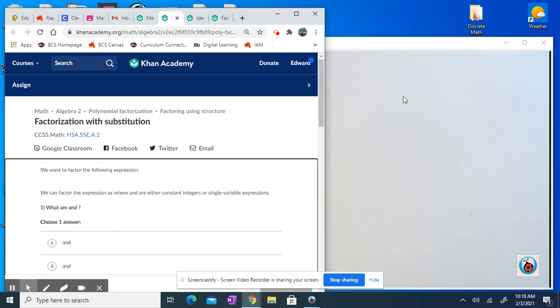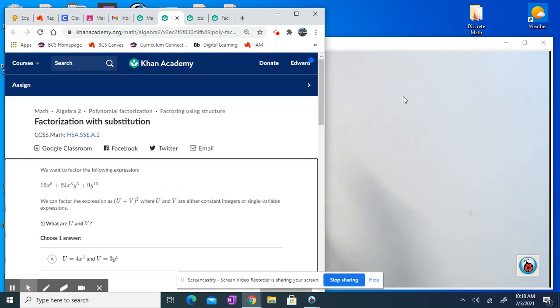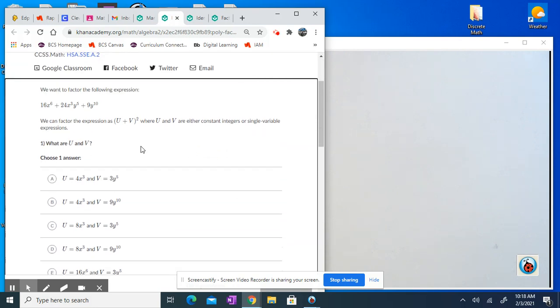And if you need extra help on it, please don't hesitate to ask, and we can set up a time where I can help you out. All right, so this one is factorization with substitution. So it says we can factor the expression (u + v)², where u and v are either constant integers. All right, that's the same thing as the other set. What are u and v?